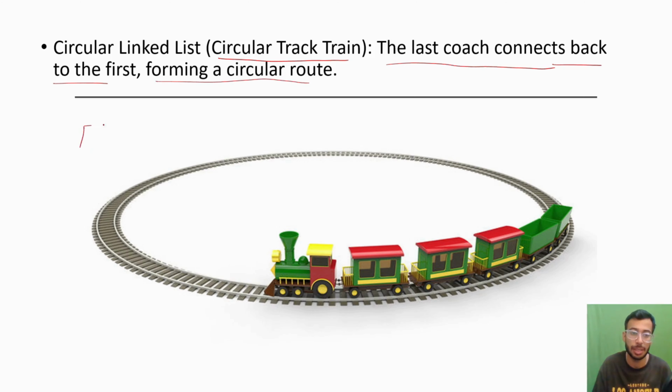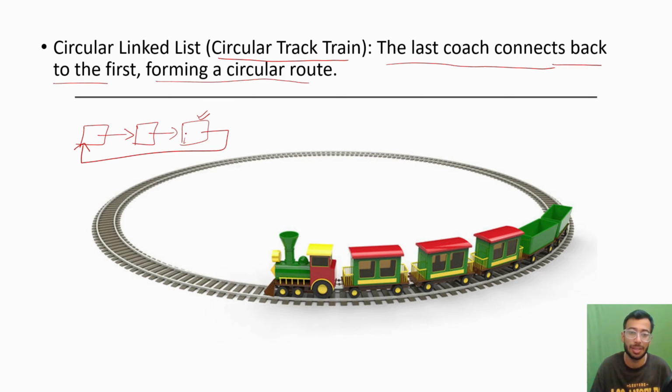That's what it means. For example, this is the linked list. If these are the three nodes in the linked list, this particular node will not have the reference to anything. But in a circular linked list, this particular node will have the reference to the last node or last compartment. It means each and every node has some address, some reference, some link, and all of these compartments, all of these nodes, are connected among each other.